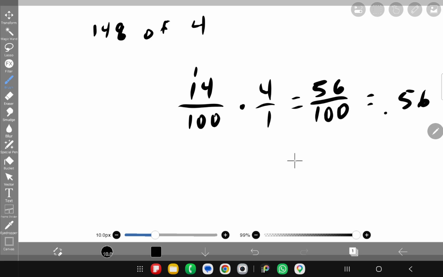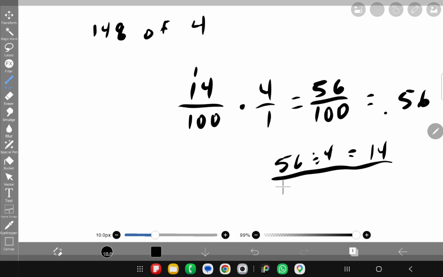So when we divide 56 divided by 4, 4 divided by 56 would be like doing this in reverse. So we already know that's 14.